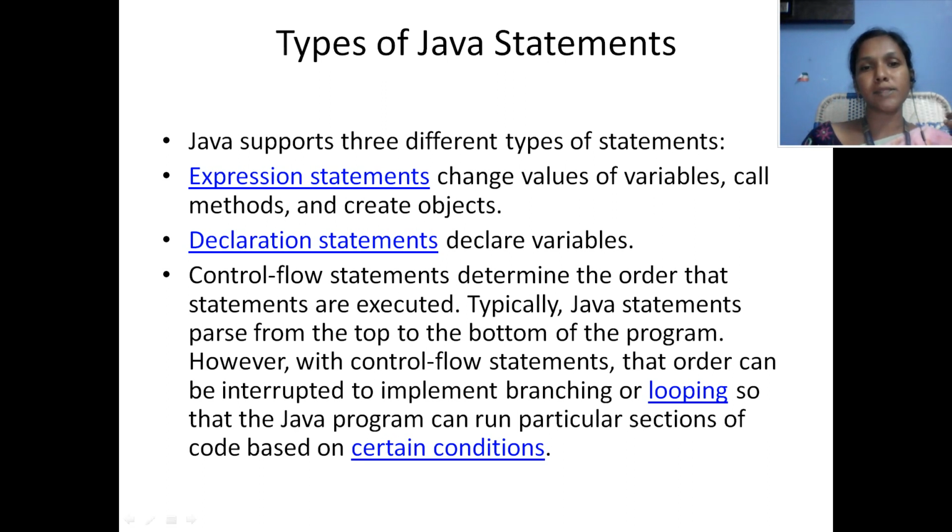Java supports three types of statements. One is the declaration statement: whenever you declare any variable, it comes as a declaration statement. Whenever you perform object creation or an expression, like a plus b into c, those come as expression statements.